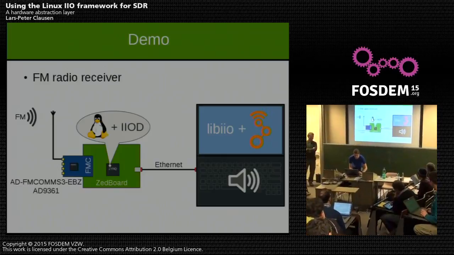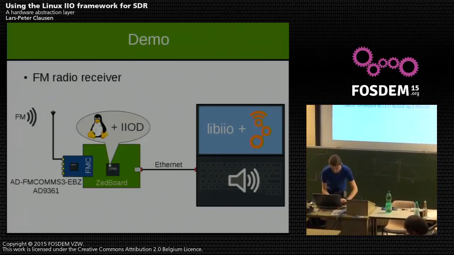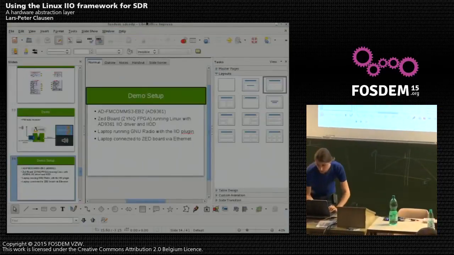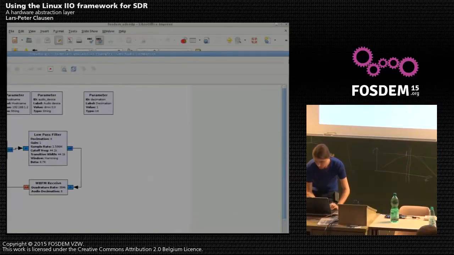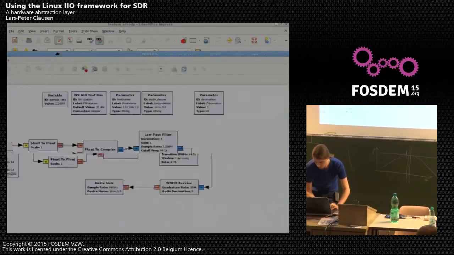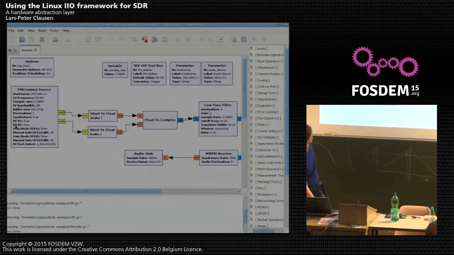Let me just quickly pull this over. We have a really simple pipeline implemented here, which uses the FMCOMMS2 source and sends it into an FM radio receiver and then an audio sink.